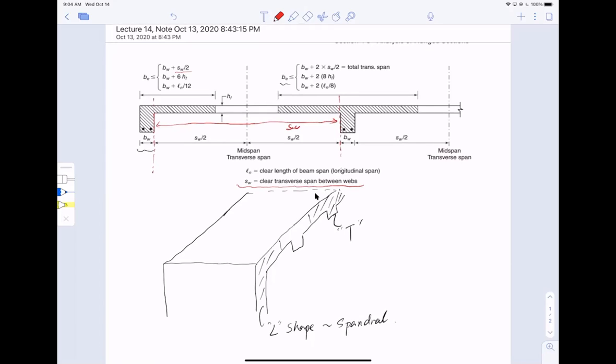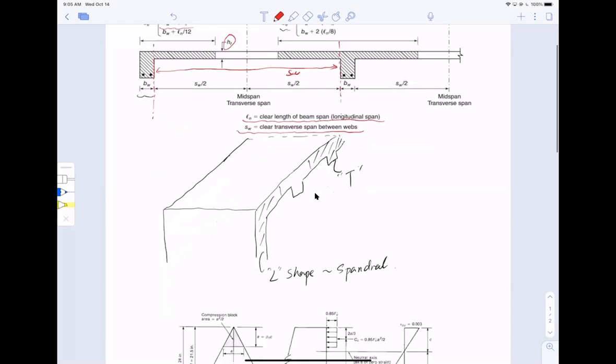The second one is BW plus 6 HF, where HF is the height of the slab or the flange. And the last is BW plus Ln divided by 12. Ln means the clear span in the longitudinal direction.